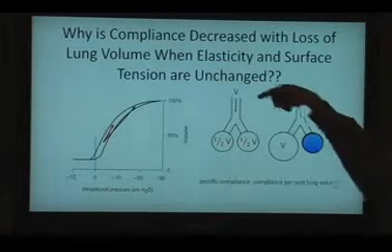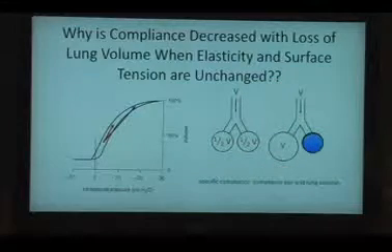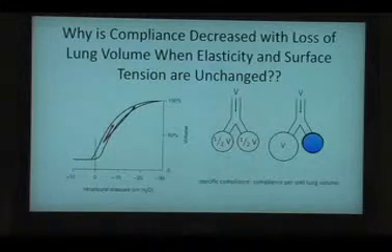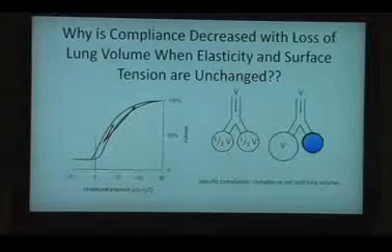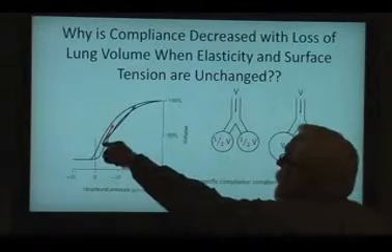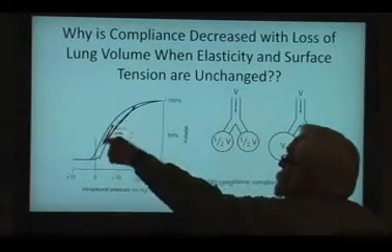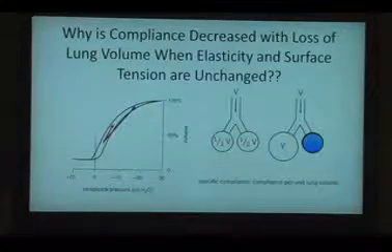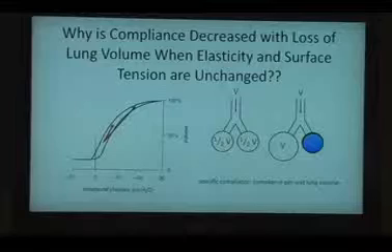So let's imagine that we push a volume of gas into two alveoli. Half of the volume goes into the alveolus on the left, half of the volume goes into the alveolus on the right. Each of those alveoli may have a volume change from here to here. And the slope of this red arrow is going to be the compliance of these alveoli in the system.